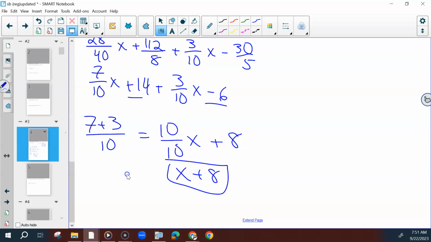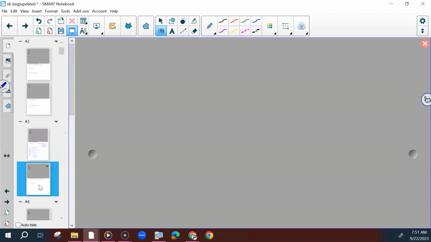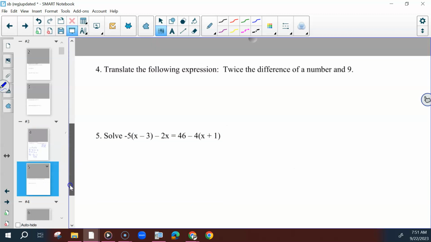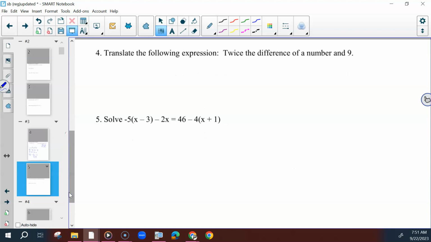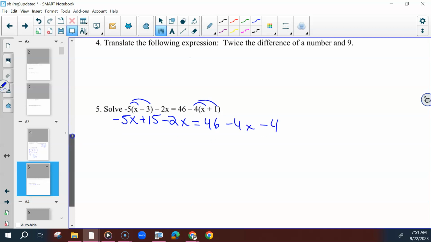And then number 5, solving. So what we were just talking about yesterday and the day before, distribute on both sides. We have negative 5x plus 15, double check your negatives, minus 2x equals 46, minus 4x minus 4.